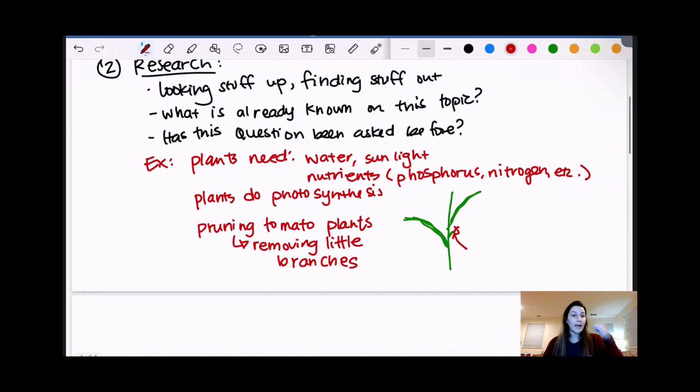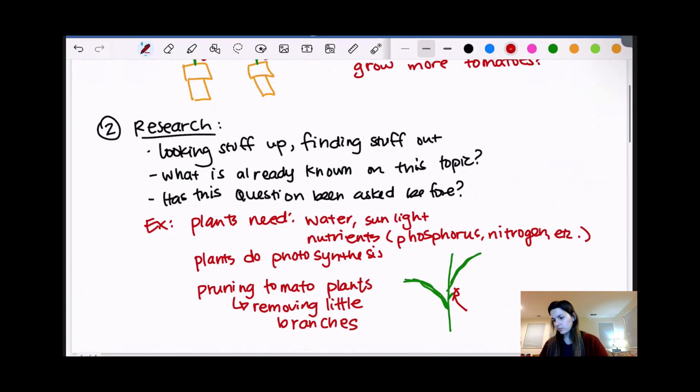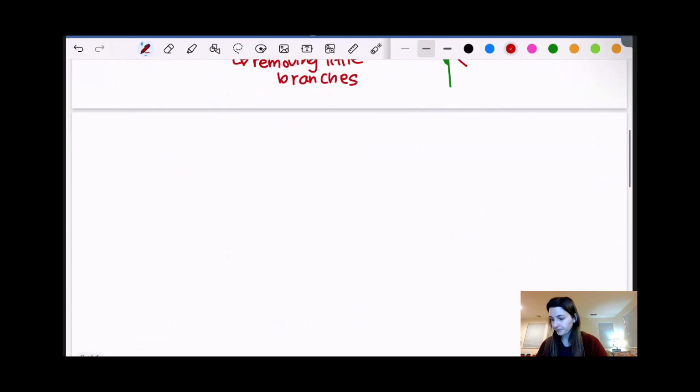So we asked the question, we looked stuff up and found out what's known and what's not known about why tomato plants grow different amounts of tomatoes. So now our next step, step 3, is to form a hypothesis.